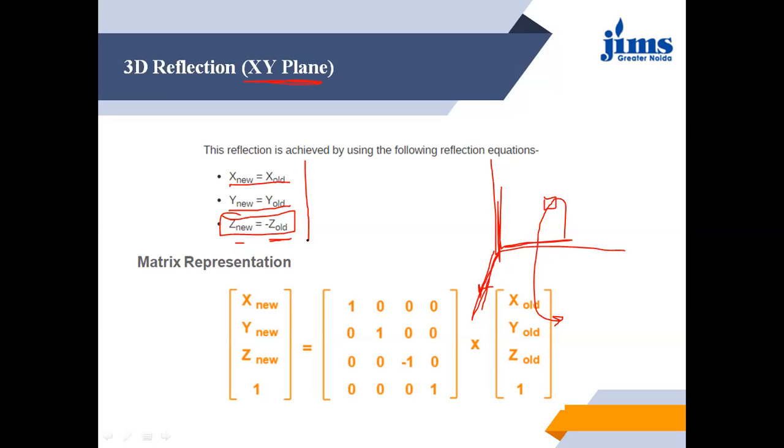If we want to represent these equations in the form of a matrix, as we discussed earlier, this column is for the x value, this is for y, and this is for z. Similarly, this row is for x, this is for y, and this is for z. And this row as well as this column we use to make the matrix homogeneous.